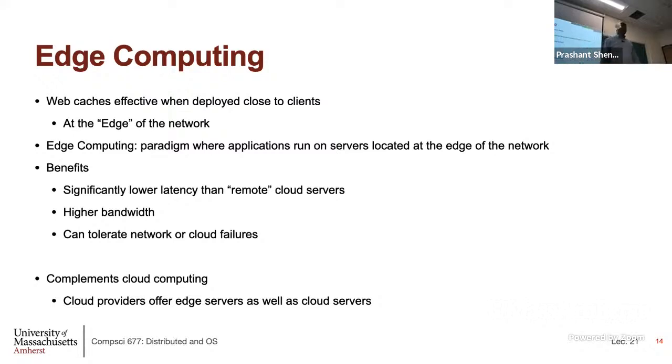If latency is not a consideration, okay, by all means, you should use the cloud. Okay? Because there are plenty of resources, large data center, okay, you can get resources for cheap and so on. But when latency is a big consideration, okay, then you can use edge resources. Okay? And many times cloud providers themselves offer edge servers as an additional offering, saying if you need nearby servers, use these edge servers.